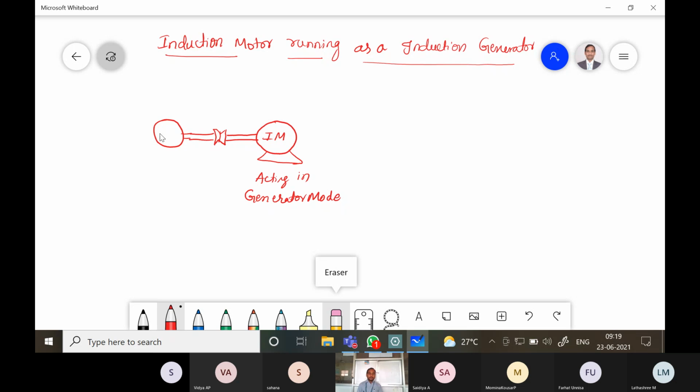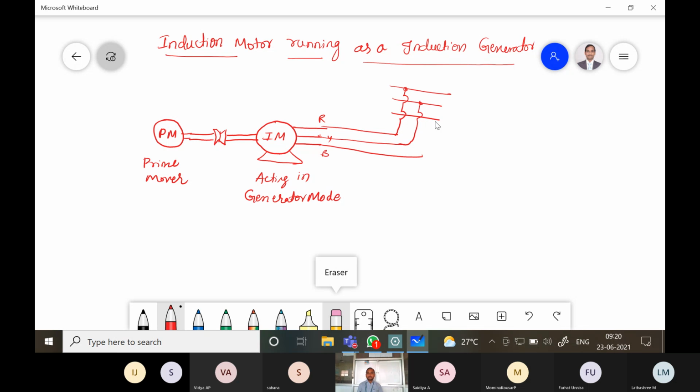Then the output of the three-phase line R, Y and B is connected to the grid or three-phase supply. This is the three-phase supply.